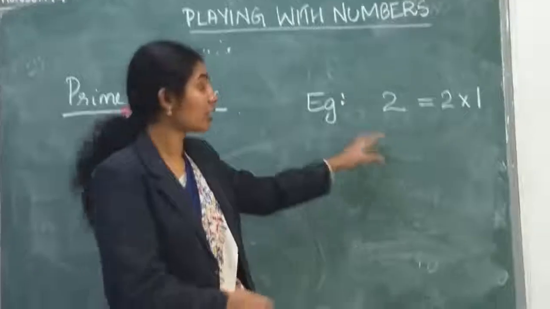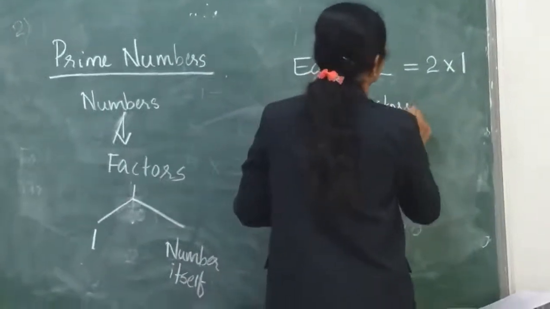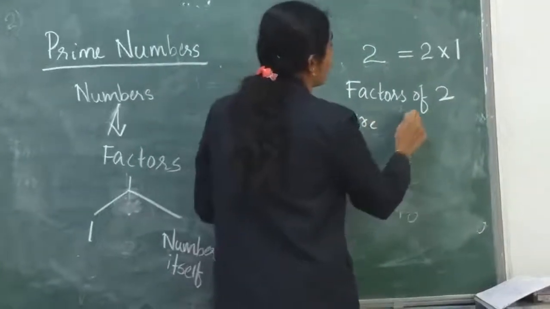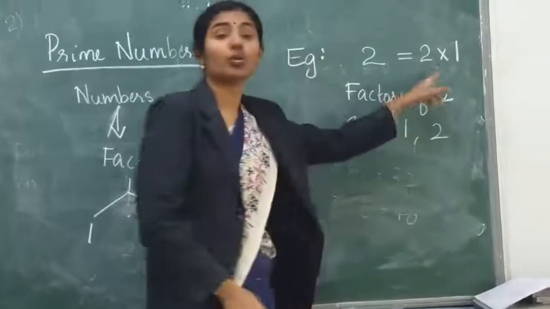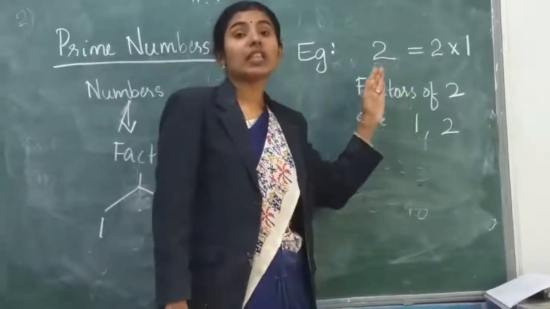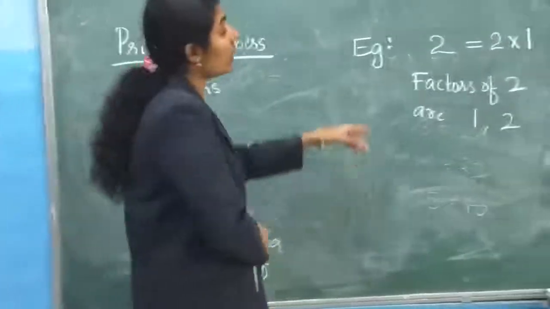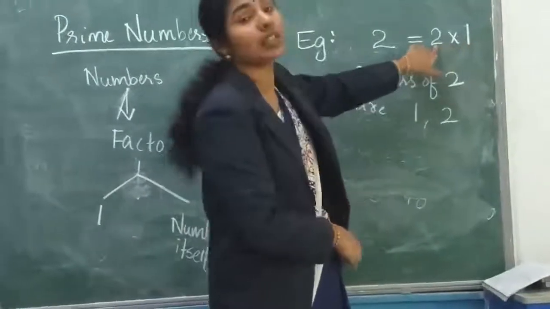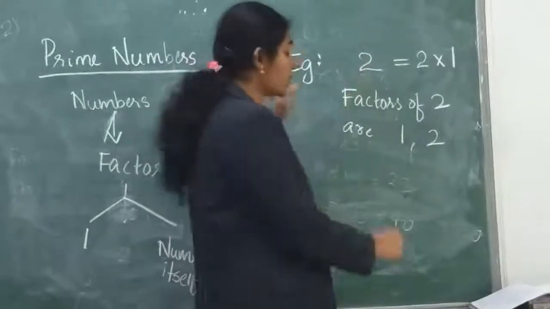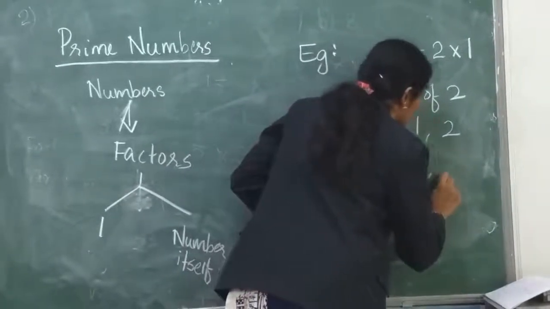So the factors of 2 are 1 and 2. So when you are given one number, you should see that the only factors are 1 and that number itself. That means 2 is a prime number.